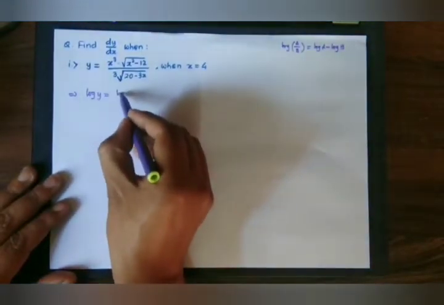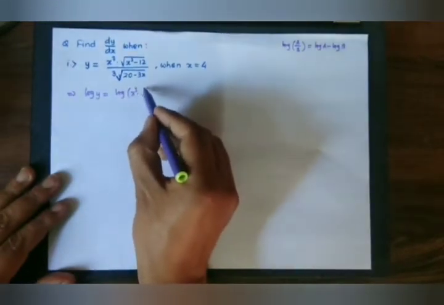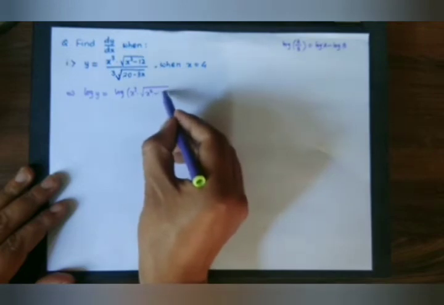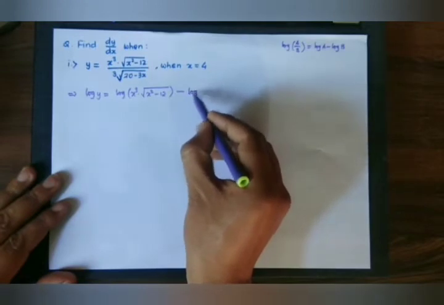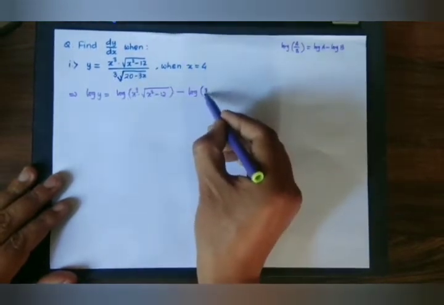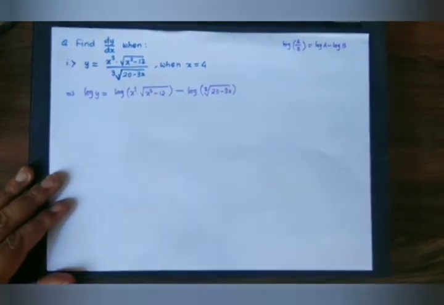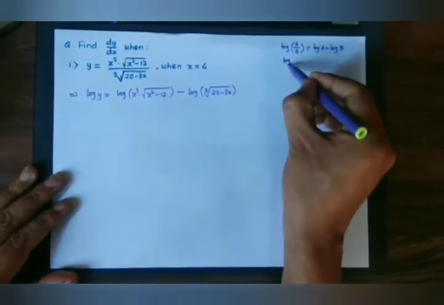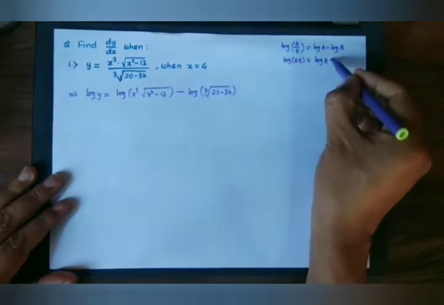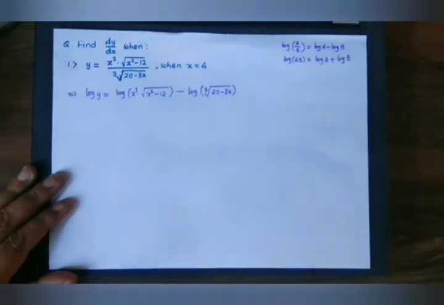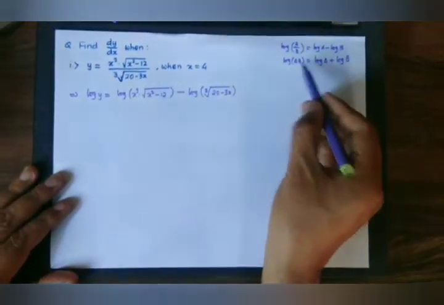So if I do that, I'll get log of a, that is numerator is x cube into square root of x square minus 12 minus log b, that is denominator, that is cube root of 20 minus 3x. Now there's one more formula, that is log ab can be written as log a plus log b, right? Since there is a product sign here, that's why I'm going to make use of this formula here.